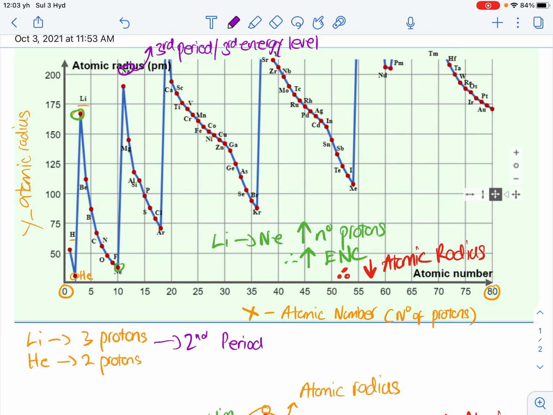And you'll see this trend repeats again as you go across period 3, you get a decrease in atomic radius because you're increasing the effective nuclear charge, the electrons are getting pulled closer and closer. But then when you start the new period up here, the 4th period, you get this huge jump again because you've now entered a new energy level. Okay, so hopefully that is helpful.